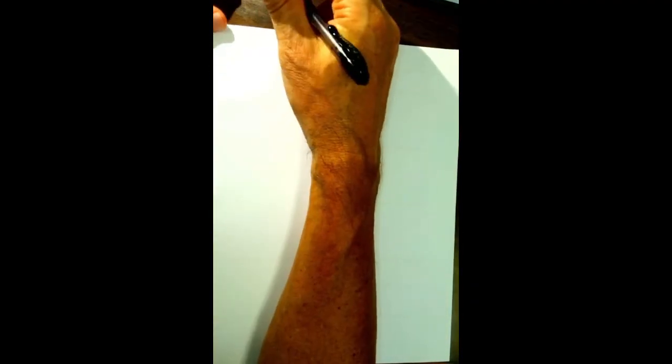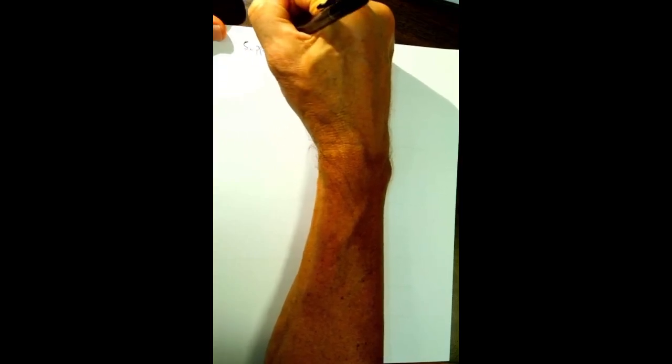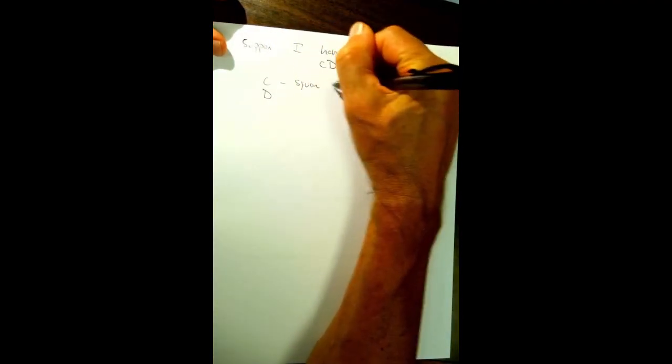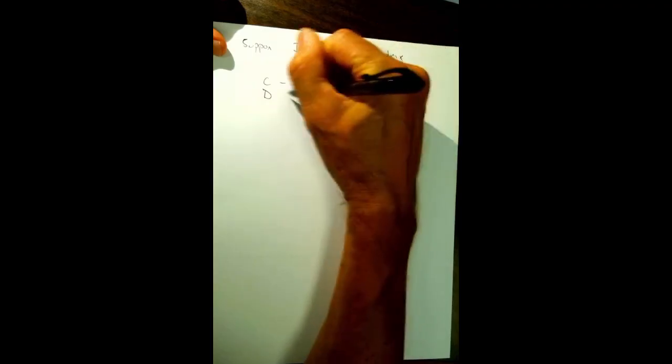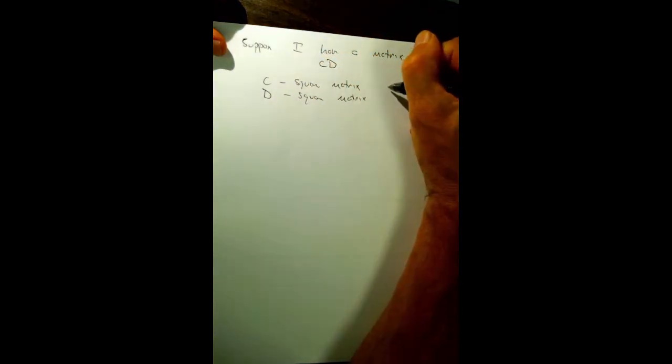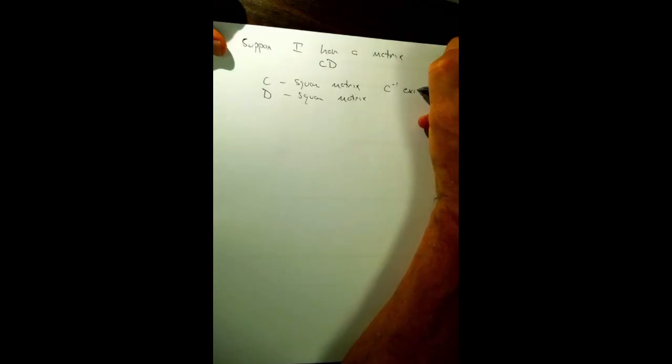So we can ask all kinds of questions. Suppose I have a matrix that's a product of two matrices C and D. And let's suppose C is a square matrix and D is a square matrix, and C inverse exists and D inverse exists.